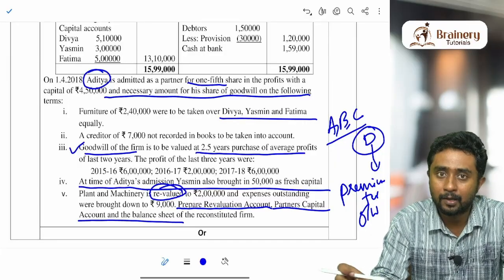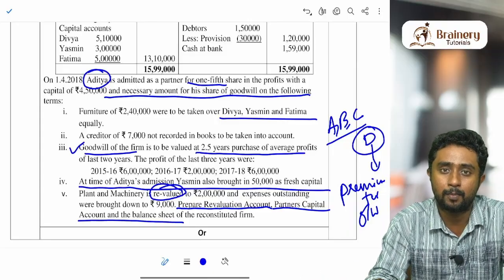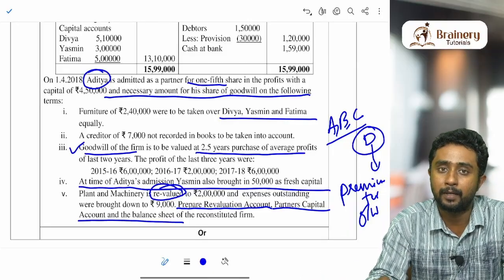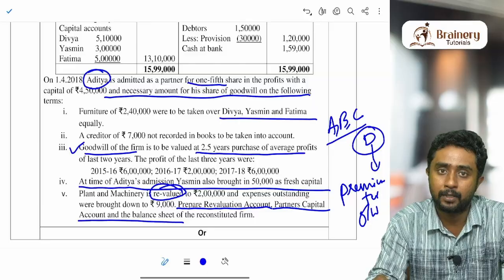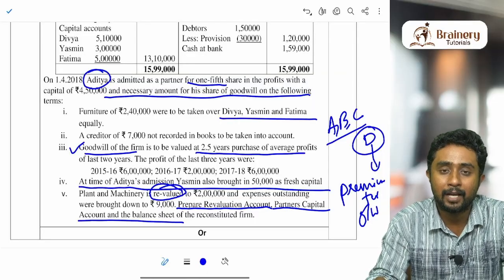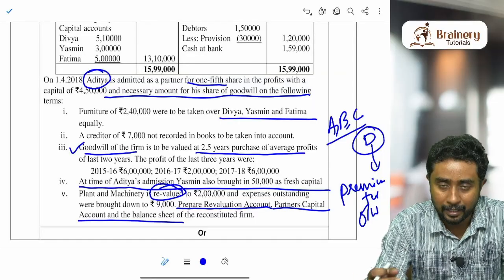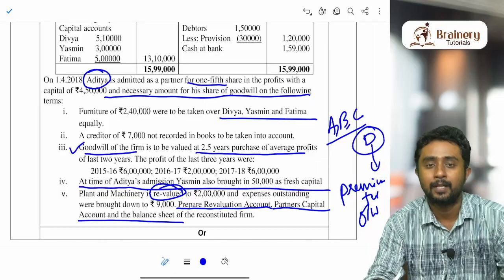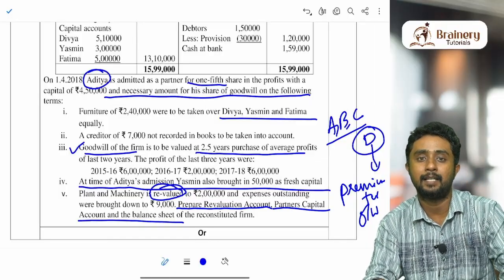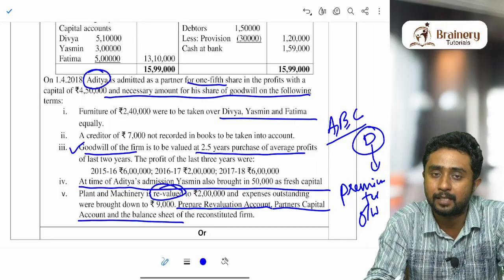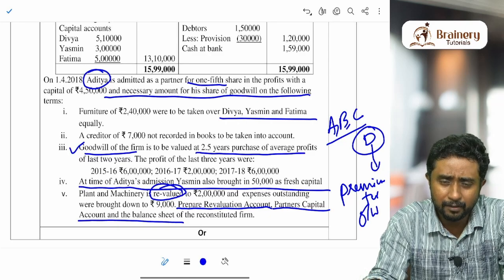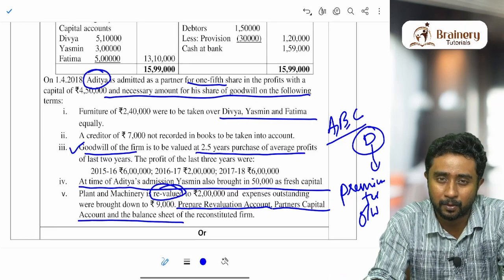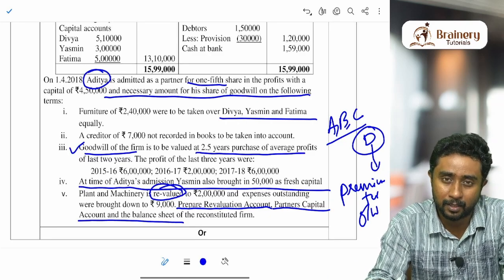So in any of these reconstitution situations, we have to prepare revaluation account, partners capital account and the balance sheet. Revaluation account is prepared to show, at the time of reconstitution of partnership, what changes happened in the existing assets and existing liabilities. Sometimes asset values have gone up, sometimes down.